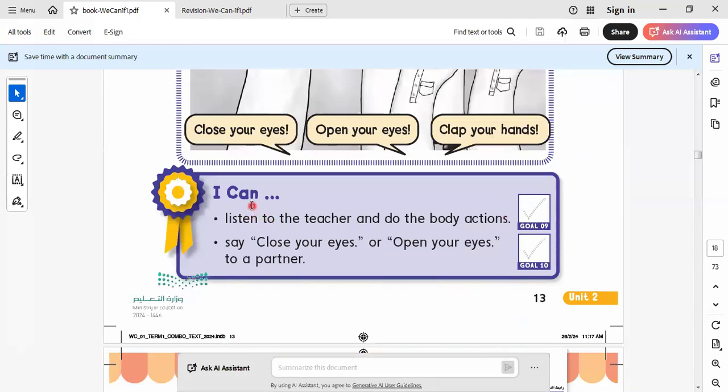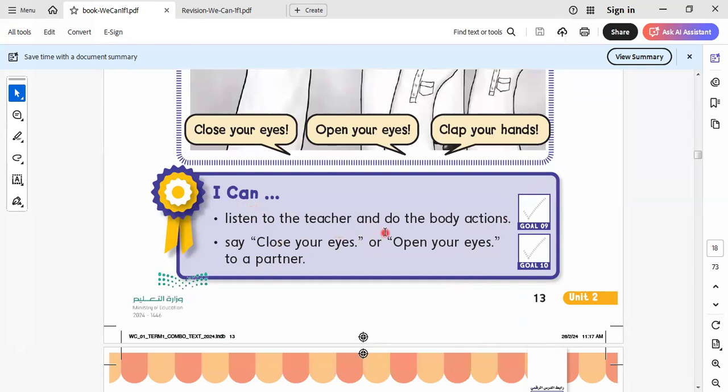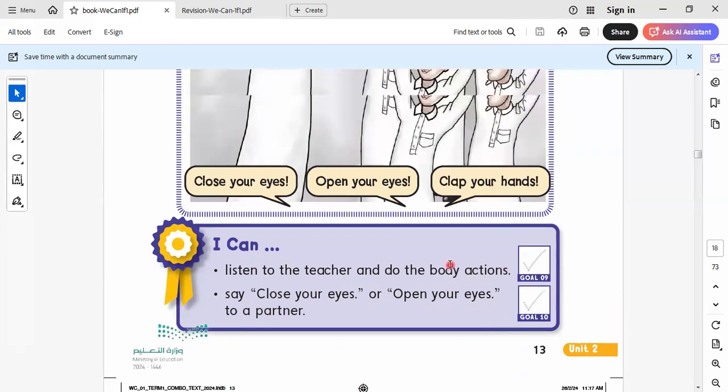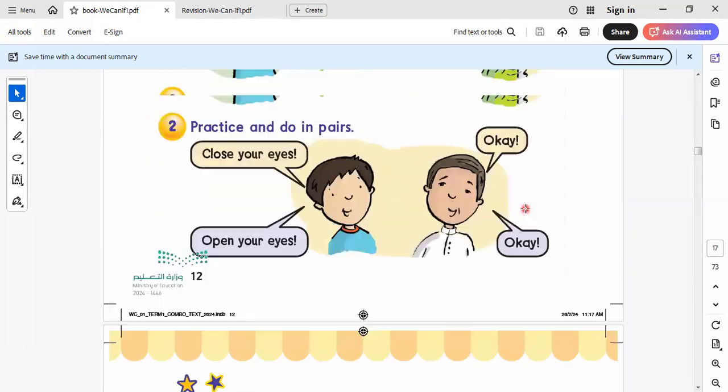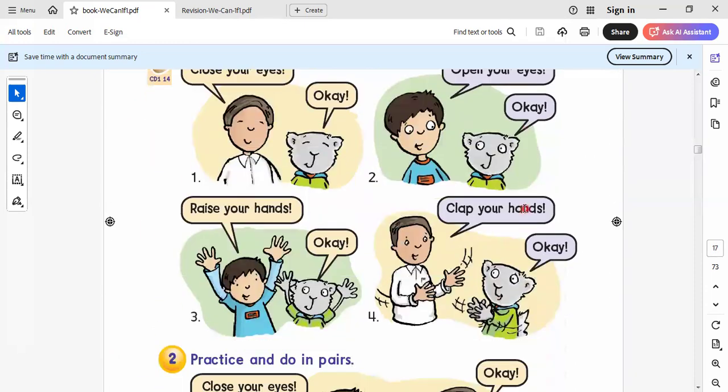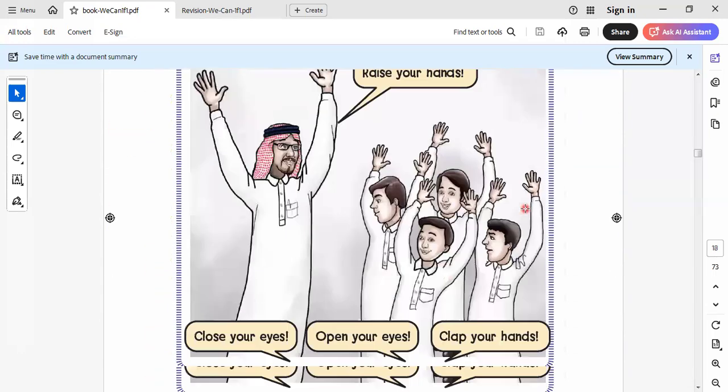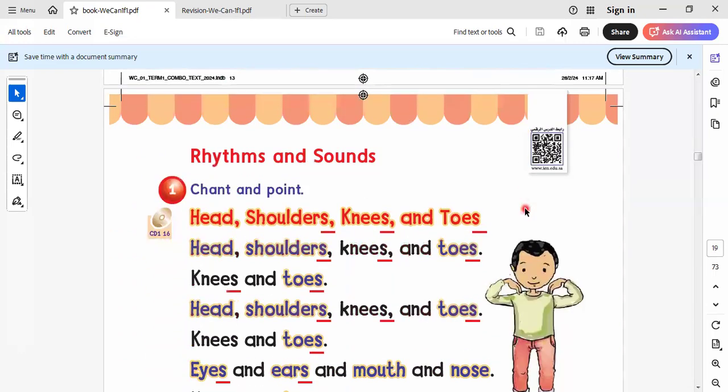So here I say I can listen to my teacher and do body actions. In this part we learned some expressions: close your eyes, open your eyes, clap your hands, raise your hand. Okay, these are the expressions we learned in this part.